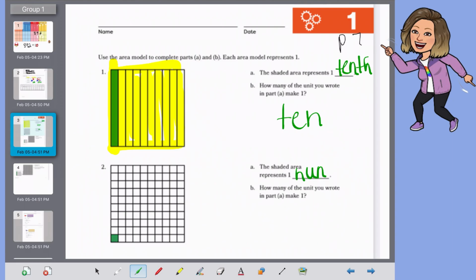So that one tiny piece is 100th of our entire candy bar. I hope these are the giant candy bars, guys. So it would take 100 of those tiny pieces to make that whole candy bar. So how many of these would you need to make the whole one? We just said it, 100.